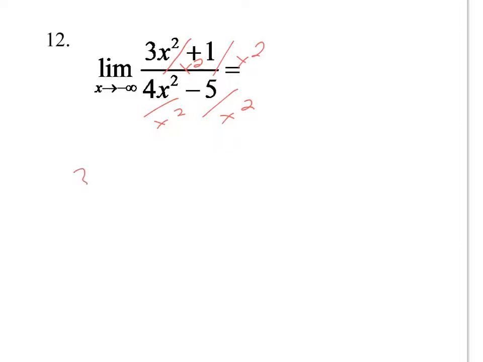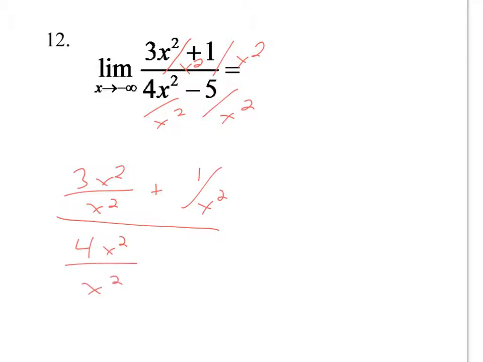So I have 3x squared over x squared plus 1 over x squared, all of that over 4x squared over x squared minus 5 over x squared. Well, looking right here, these x squareds cancel. These x squareds cancel. So up top, I have 3 plus 1 over x squared.